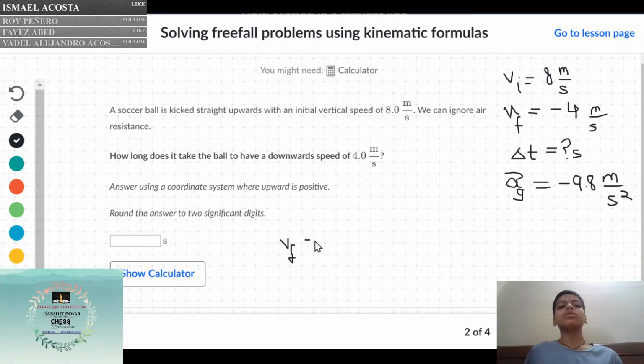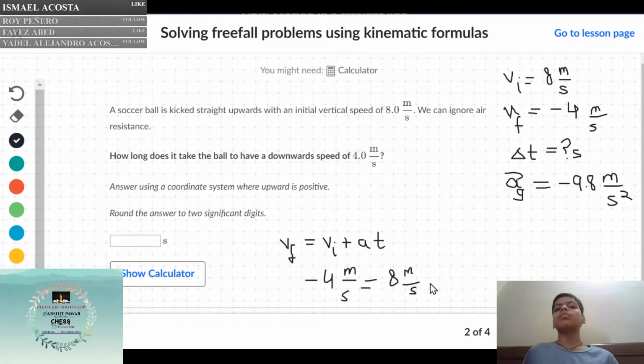It states that the final velocity equals the initial velocity plus acceleration times change in time. The final velocity is negative 4 meters per second, so negative 4 is equal to 8 meters per second plus negative 9.8 meters per second squared times time. Subtract 8 meters per second from both sides.